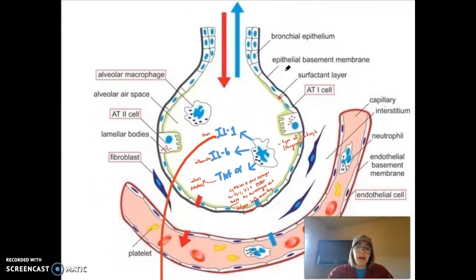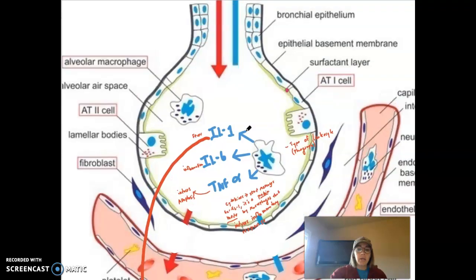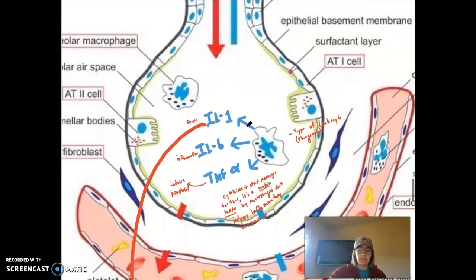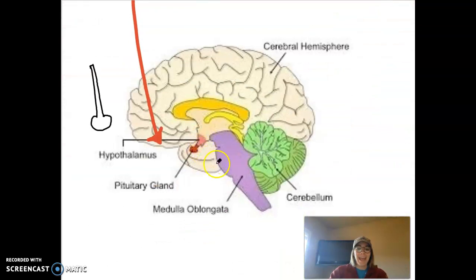Now, once we have IL-1, IL-6, and TNF-alpha made, we are going to be sending these signals out to get the rest of our immune system activated. IL-1, first and foremost, it's the very prominent one that is made, and this guy is going to act on the hypothalamus of the brain, and the hypothalamus is what controls homeostasis, or also, remember, one of those parts of homeostasis is body temperature.